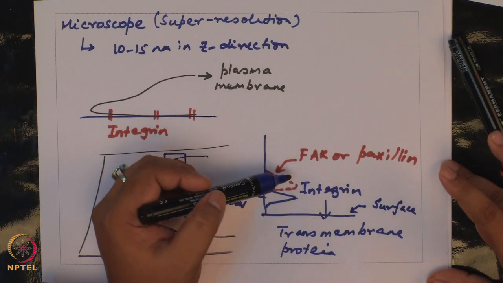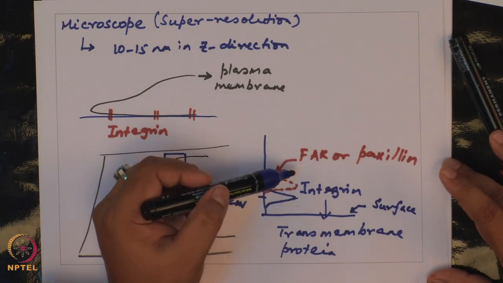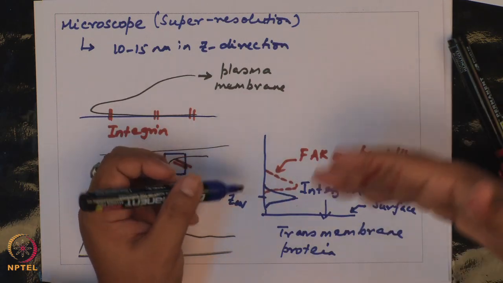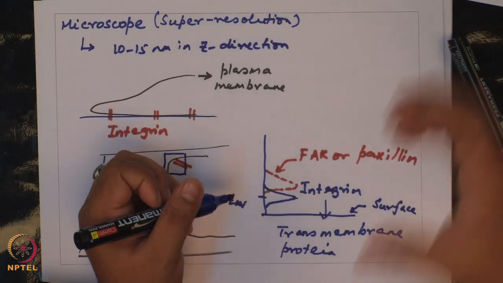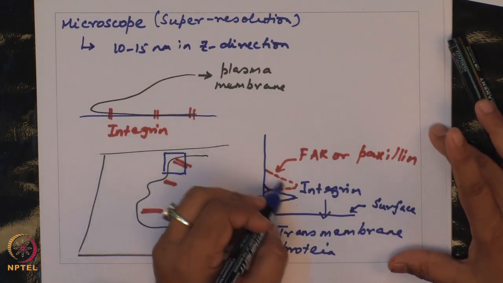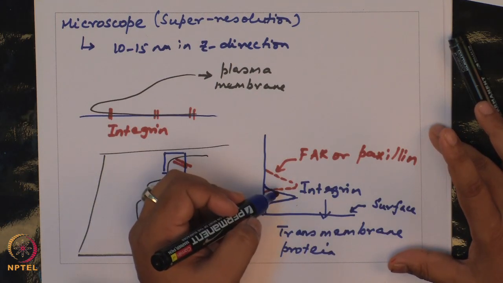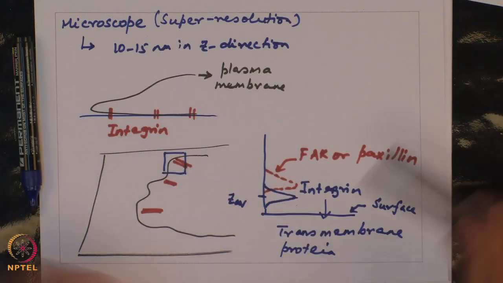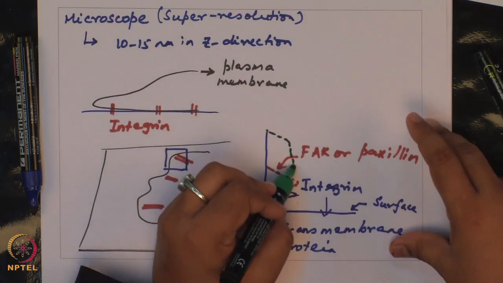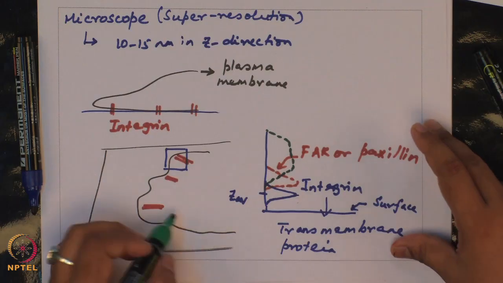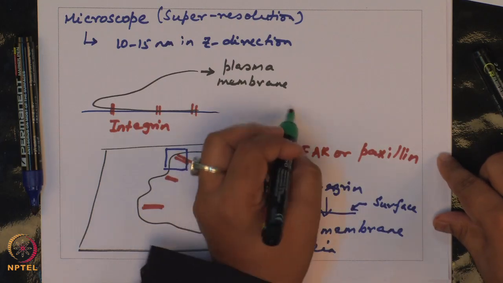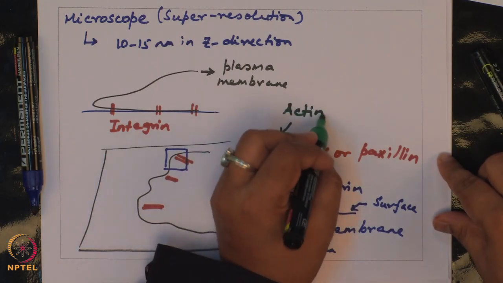Similarly, FAK and paxillin both bind to integrin, and at the same time they do not have a transmembrane domain. They are still cytoskeletal proteins, so you must have them slightly above the integrins. In contrast, actin or alpha actinin should have a broad localization deep inside. So, this would be actin or alpha actinin.